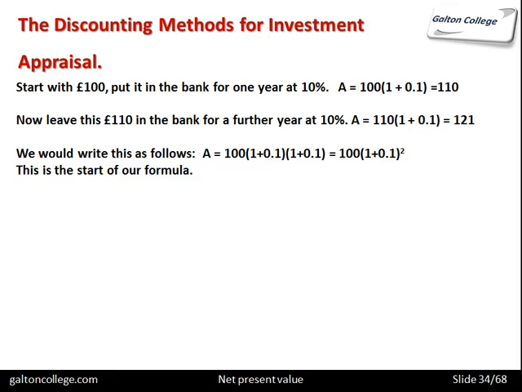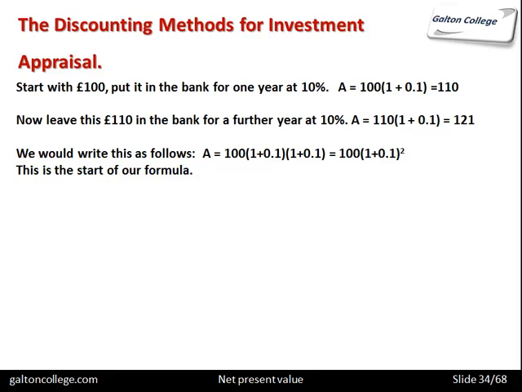So we get it to 121. In other words, the 1 plus 0.1 happens twice. And when you multiply any number by itself, you really square the number. So our formula now has become A is equal to 100 times 1 plus 0.1 squared. 2 years, so it's squared.